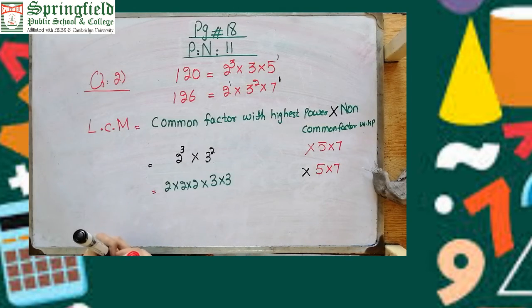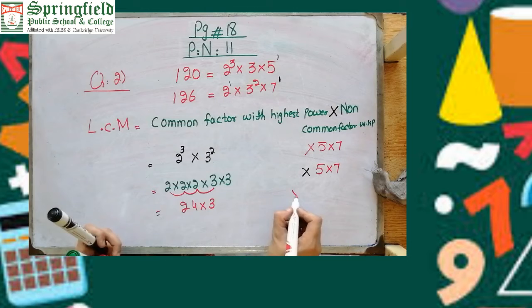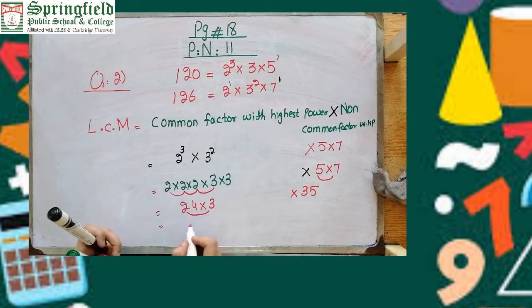So now multiply all the factors. 2 2s are 4, 4 2s are 8, 8 3s are 24. 24 multiply 3, and then multiply 5 7s are 35. Now 24 multiply 3, 3 4s are 12 and 3 2s are 6, so 72 multiply 35.